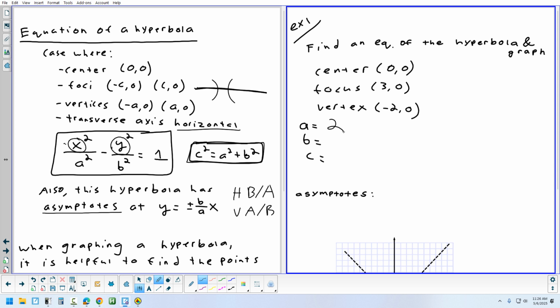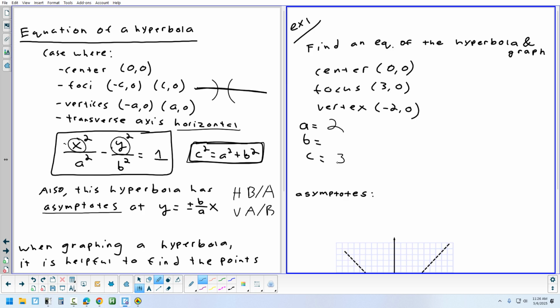Let's see. Yep. C is the distance between the center and the focus. Oh, I was thinking the focus to the vertex, that'd be 3. So C is 3. Now we can't write the equation without B. What's the formula that connects A, B, and C for a hyperbola? Yep.